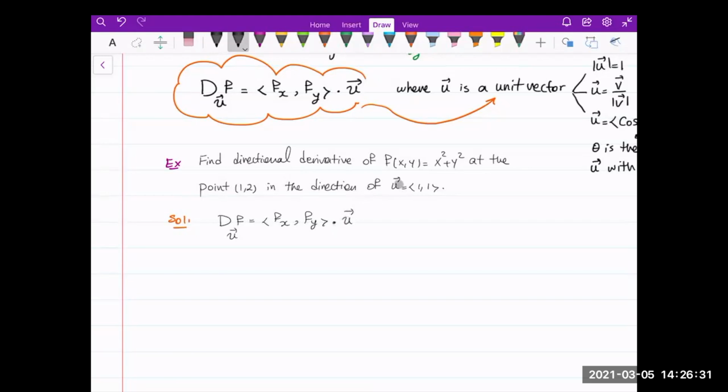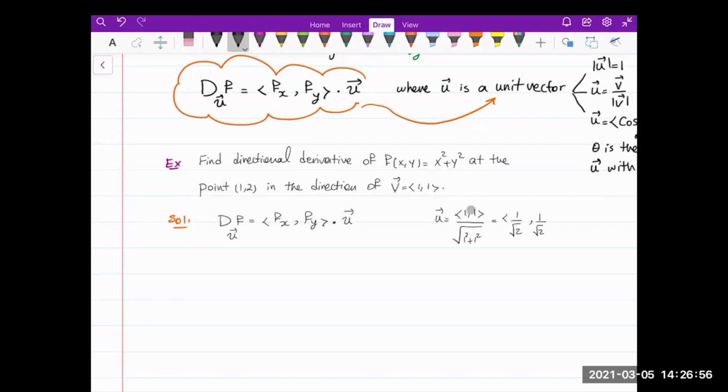Let me change this one to v so that the next time you're reading the lecture notes, you don't get confused. So this is v, and then u is v divided by the length of v. So this is 1 over root 2 and 1 over root 2.